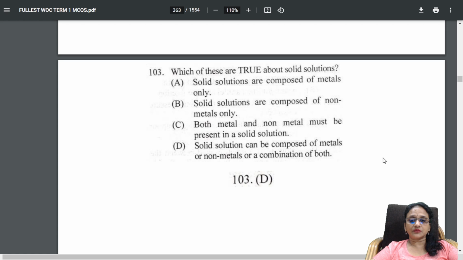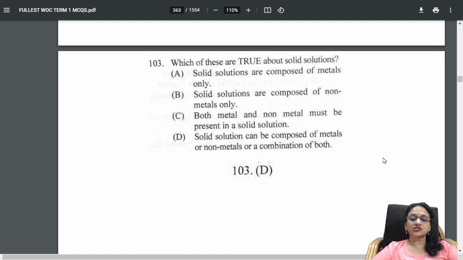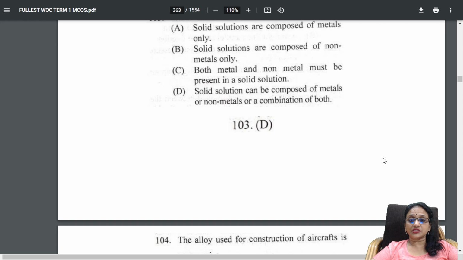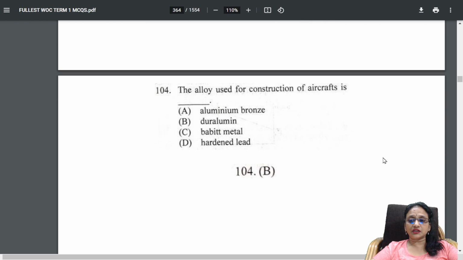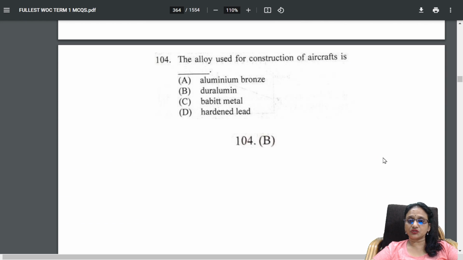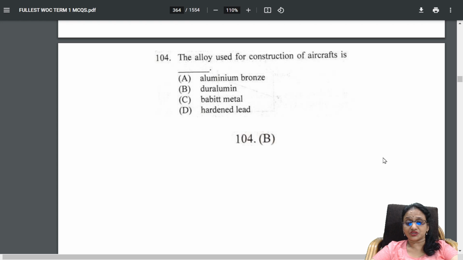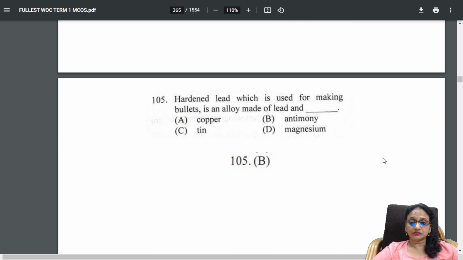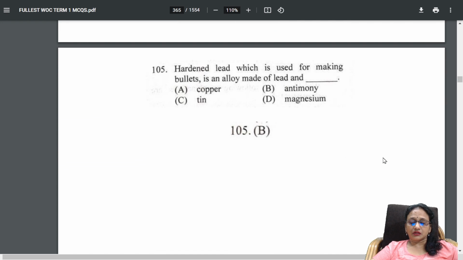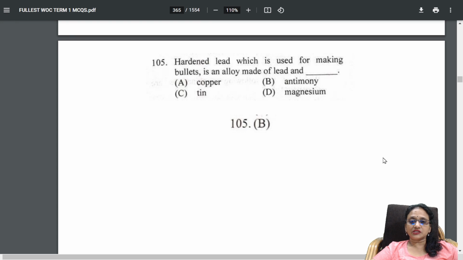Further, about solid solutions, you have different types of solutions in that. Then you have a question based on mixing of two metals, right? So that forms alloys. In that application part, they're going to ask you a question. This is one more question on your application, and that is alloys.